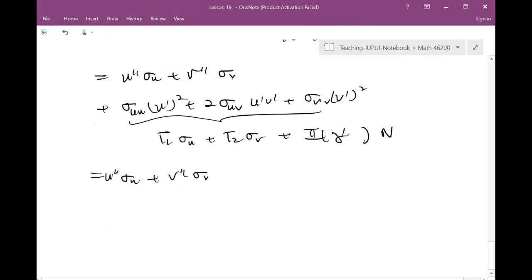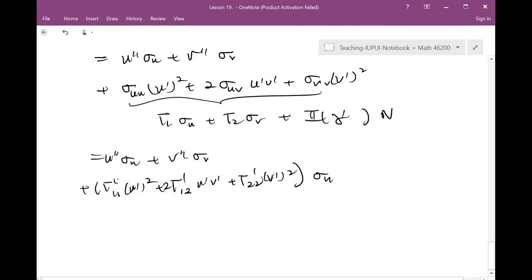I'm trying to express gamma 1. Gamma 1 is going to be gamma 1,1,1 u prime squared, plus 2 gamma 1,1,2 u prime v prime, plus gamma 1,2,2 v prime squared, times sigma u, right?